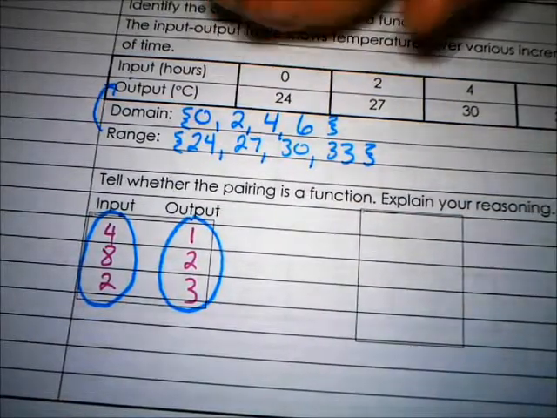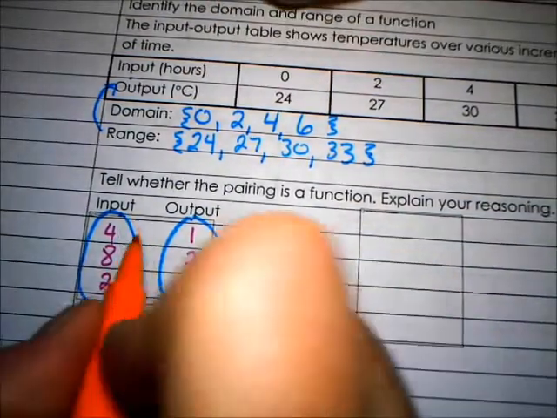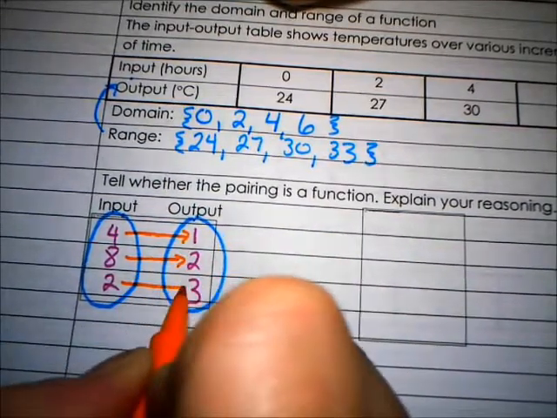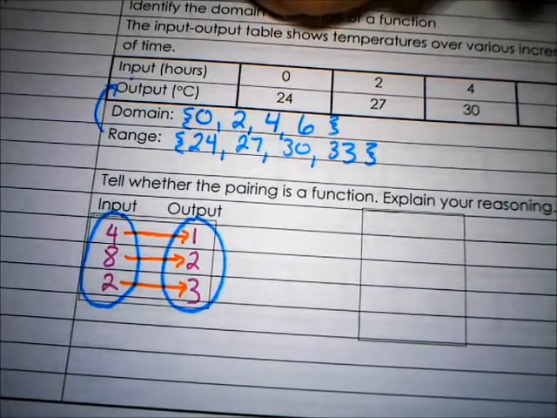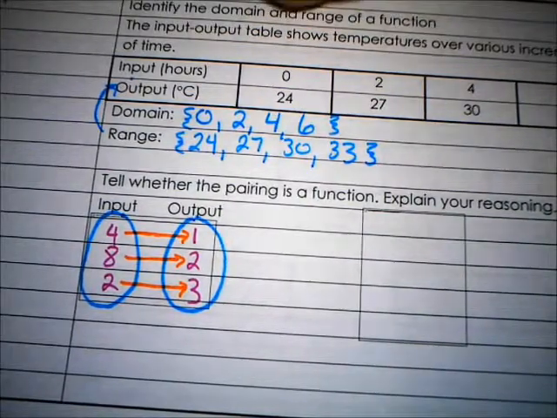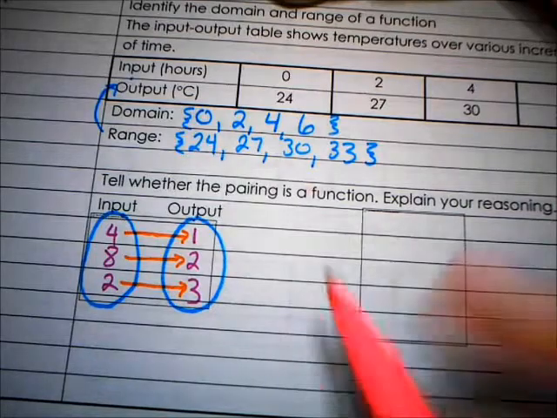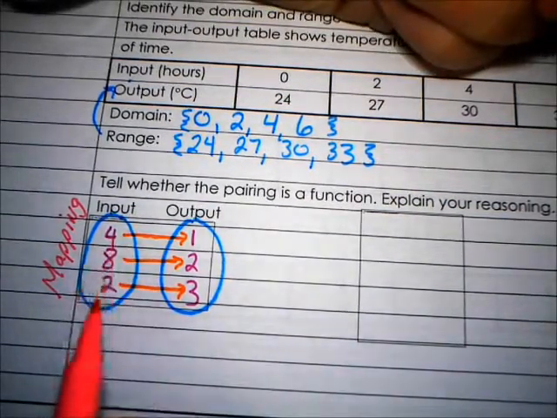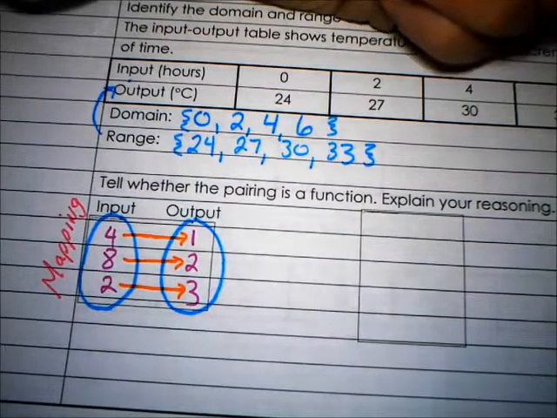And then I'm going to draw an arrow from 4 to 1, from 8 to 2, and 2 to 3. Okay. This official name is called a mapping. You're mapping the points from one input to the output.